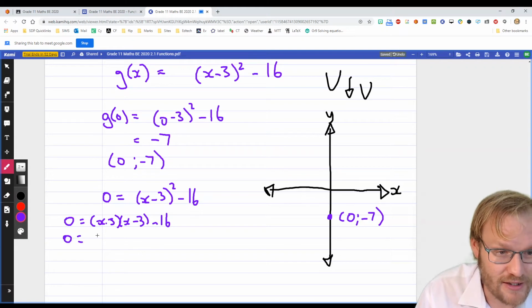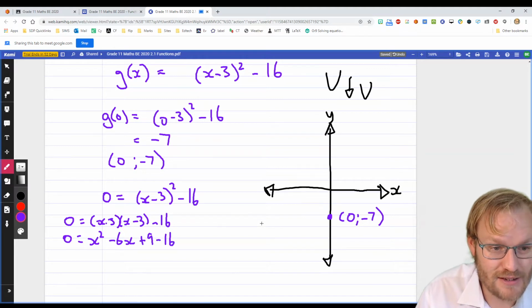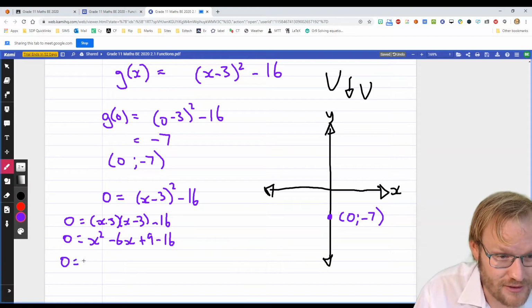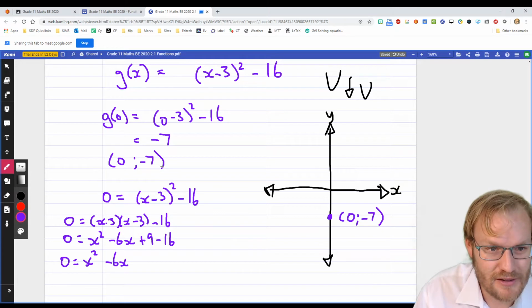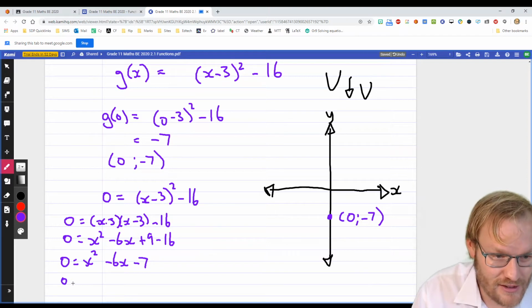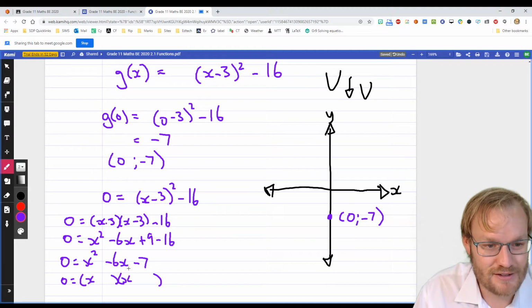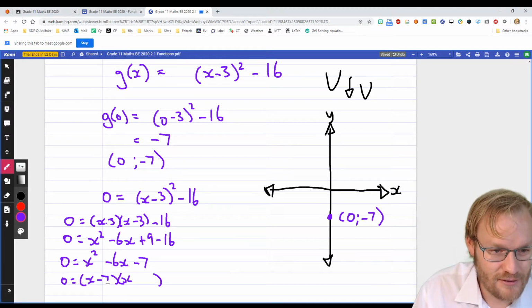Okay, 0 equals x squared minus 6x plus 9 minus 16. Okay, we've got 0 equals x squared minus 6x. That's the same as we had over there. Must be negative 7. So 0 equals factorize, (x plus 1)(x minus 7).